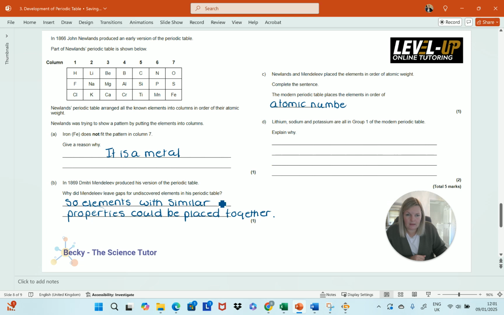Okay, and the final one, lithium, sodium, potassium are all in group 1 of the modern periodic table. Explain why. And this is because they all have 1 electron in their outside shell. Again, when we didn't know about the existence of electrons, we couldn't put them in that order. We didn't know why they had that chemical property.